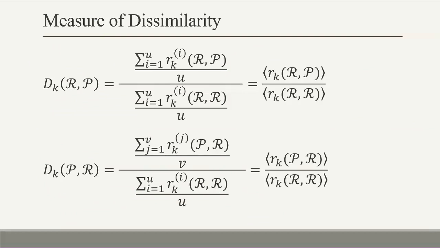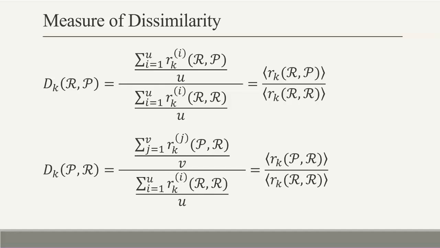So at the end, the distance that I define between these two sets, from my reference set to my prediction set, is the average of the radii of all the circles that I have.